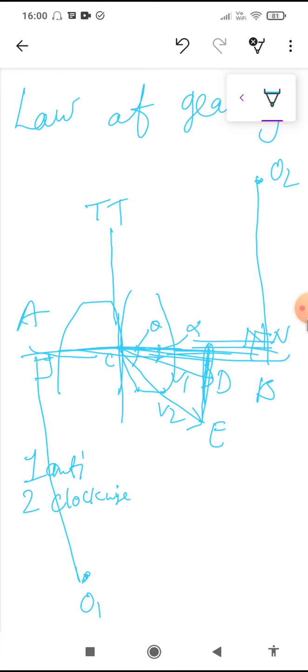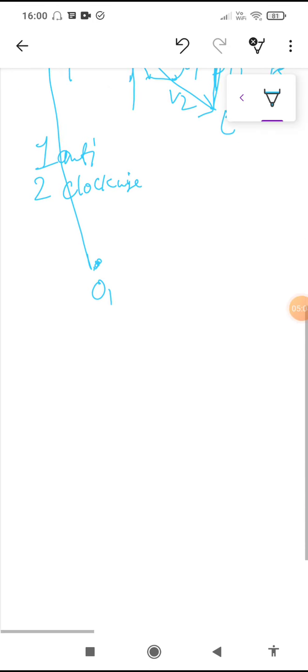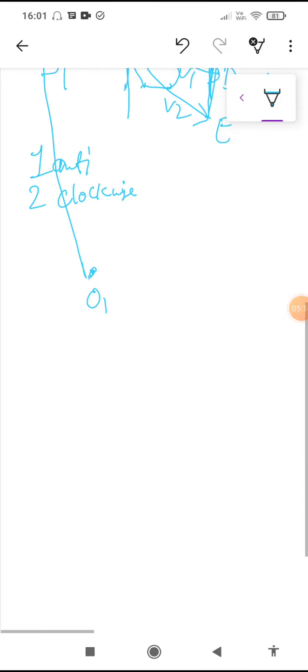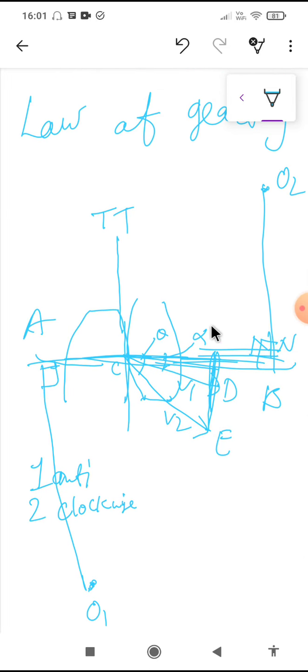So here, the relative motion between the two surfaces. The law of gearing states that the relative motion between the two surfaces along the common normal NN must be equal to 0 in order to avoid separation.